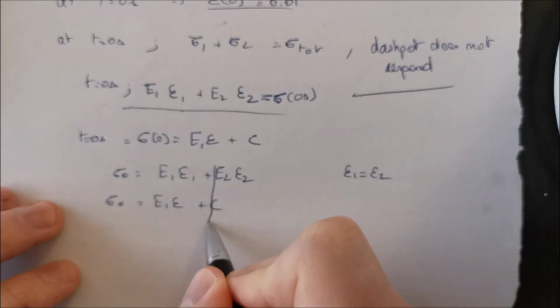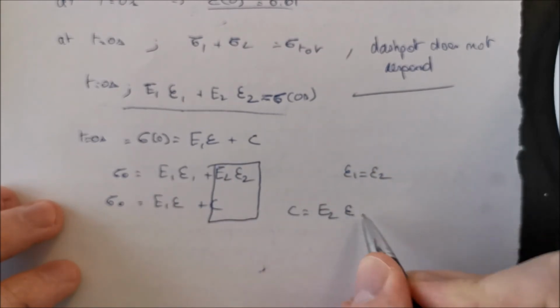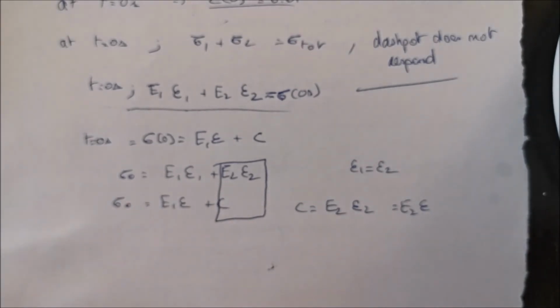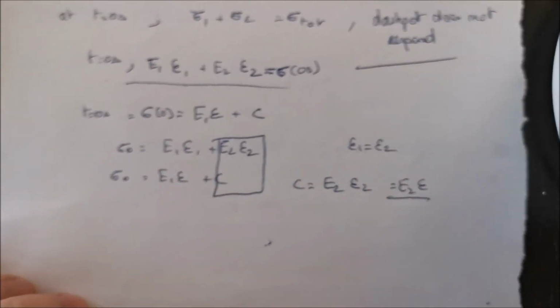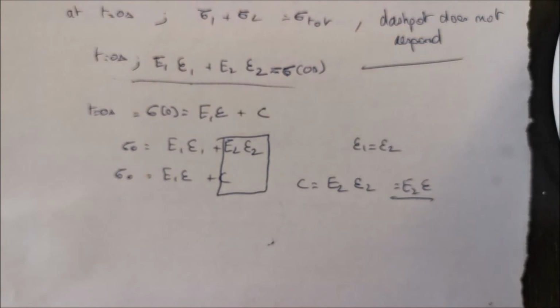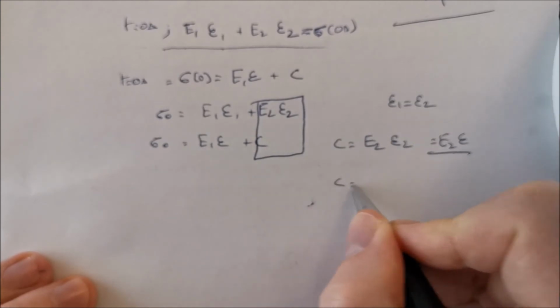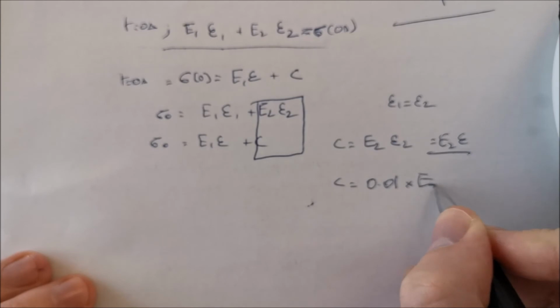So we can say that c is equal to E2 epsilon 2, which is equal to E2 epsilon. So we have solved our system. We know now that the constant is equal to E2 times the strain. So we are getting close to getting our final result. So we know that c is equal to 0.01 times E2.